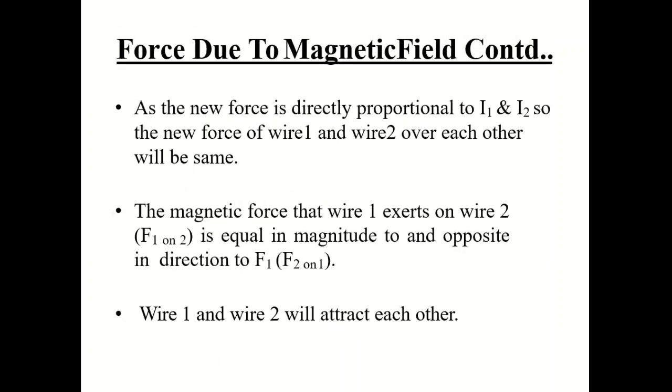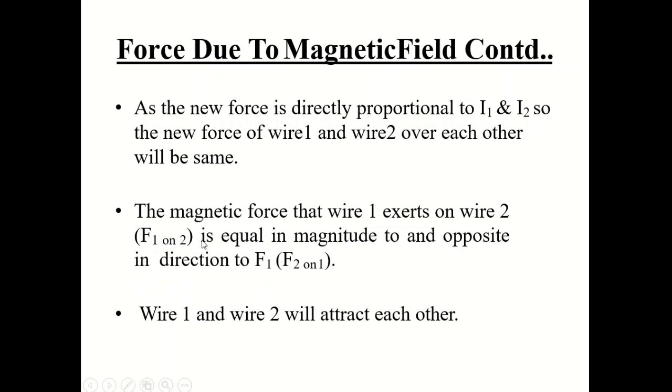Now, as the force is directly proportional to I1 and I2, the force of wire 1 and wire 2 on each other will be the same. This is very interesting: if we know the force experienced by one wire, it will be the same for wire 2 also. The magnetic force that wire 1 exerts on wire 2 is equal in magnitude and opposite in direction, F on 2 due to 1 and F on 1 due to 2.